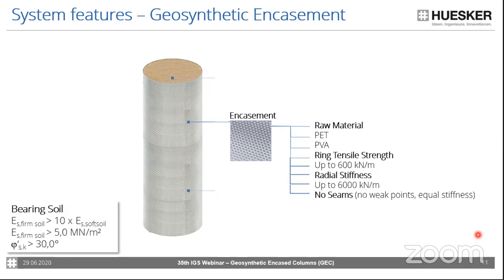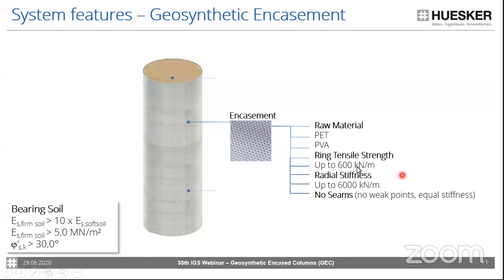But normally the polyester type is working pretty well in the common applications and projects. The sleeve can be produced with ring tensile strength up to 600 kilonewtons per meter. And this also relates to a radial stiffness of up to 6,000 kilonewtons per meter.